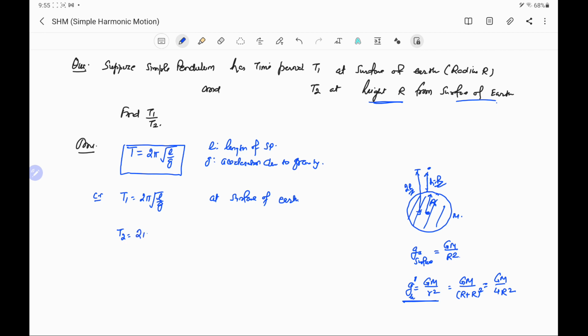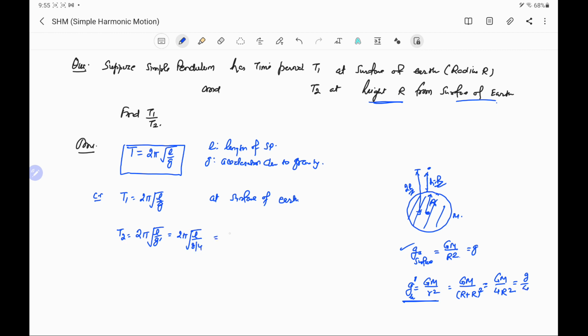Substituting the value of the acceleration due to gravity at the height r from the surface, T2 will be 2 pi root L by, and because GM by r square is g, this GM by 4r square will be equal to g by 4, hence replacing with g by 4.